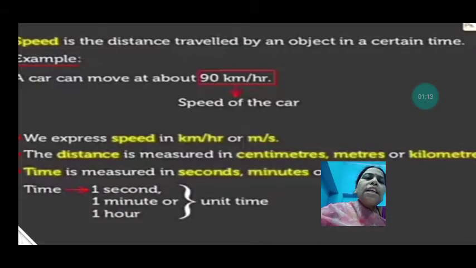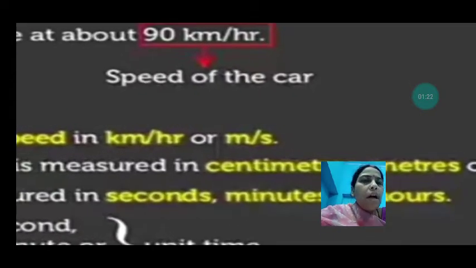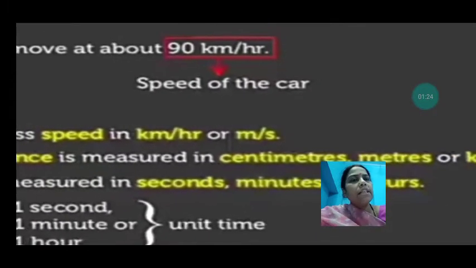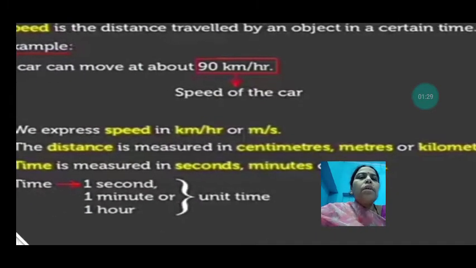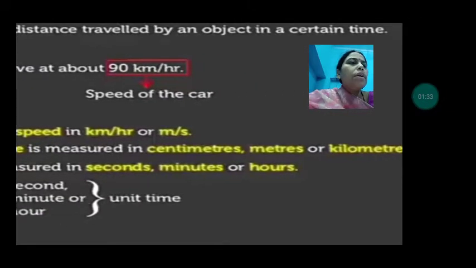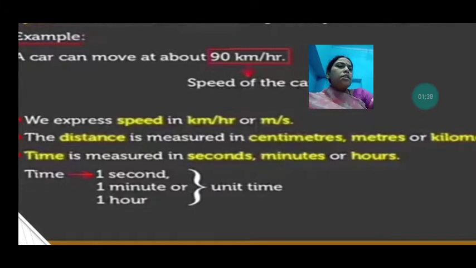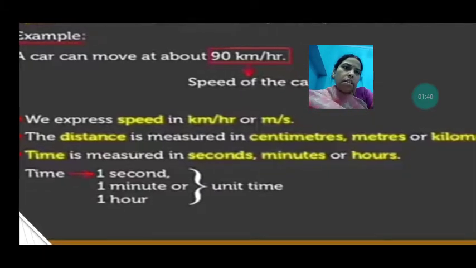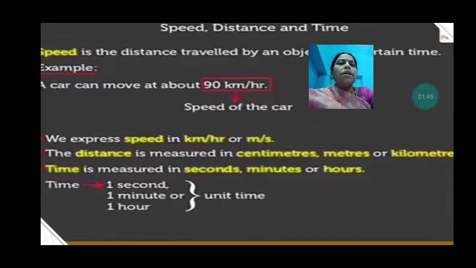Now see, we express speed in kilometer per hour or meter per second. Distance is measured in centimeters, meters or kilometers. So the unit for distance is centimeter, meter or kilometer.